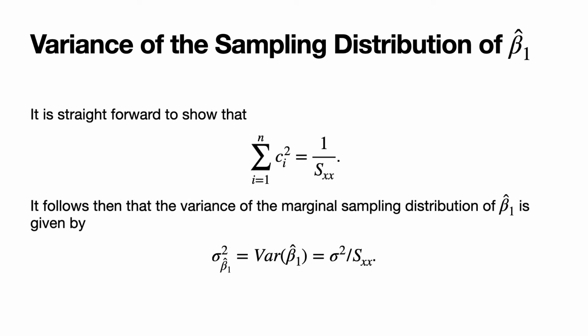It's straightforward to show, and I recommend that you do this as a practice problem, that the sum of the squared c values is equal to 1 over s sub xx, where s sub xx is the uncorrected sum of squares of the x values. So plugging that back into the formula, we see that the variance of the marginal sampling distribution of beta 1 hat is equal to sigma squared, which is the variance of the error term, divided by s sub xx.